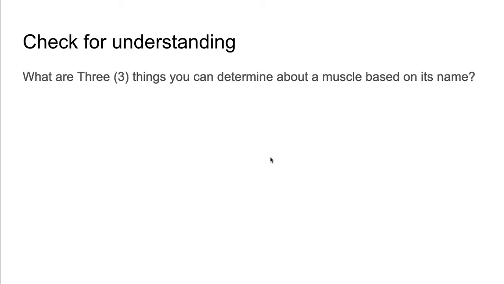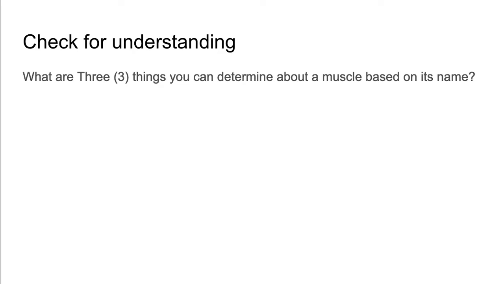All right, what are 3 things you can determine about a muscle based on its name? Go ahead and take a minute to think about it, and write something down or type something. Again, if you're with someone, go ahead and explain it to them. And if you're watching with others in your class online, go ahead and explain it to one another.